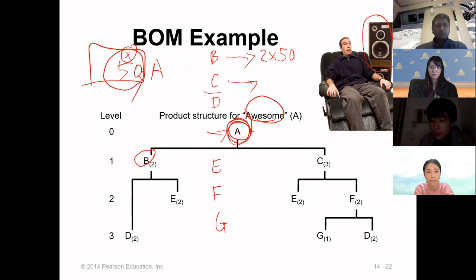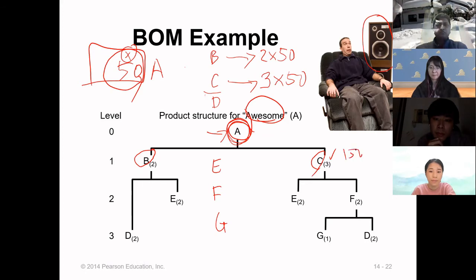And how many C do we require? 150. Which is actually 3 multiplied by 50. Correct? 3 times 50, 150. How many G do we require? 300.